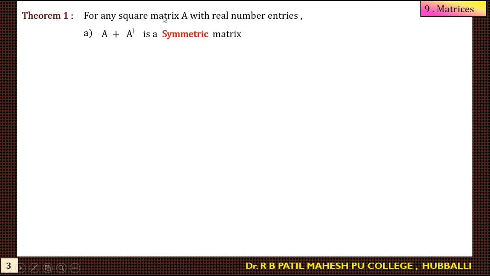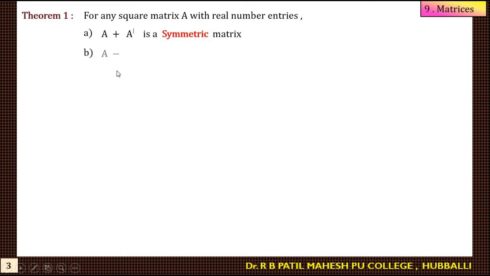Remember, now A is not any particular type, it is just one square matrix. Find its transpose. When you add the matrices, that addition matrix becomes symmetric type. Always this is true for any matrix. If A is any square matrix, when you add it with its transpose, that addition, that is A plus A dash, is always a symmetric type.